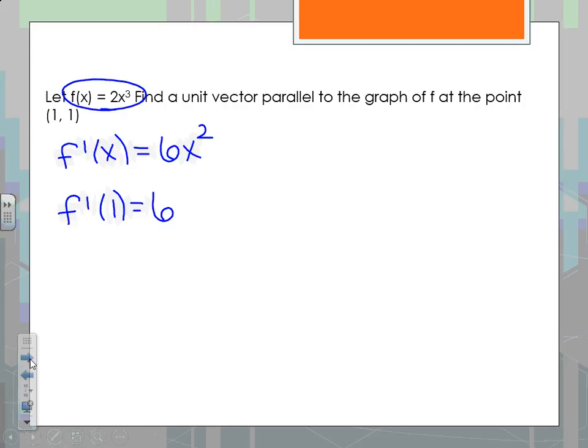Okay. One to 6, right? Now, we want to make it a unit vector. Okay. What's the magnitude of B?